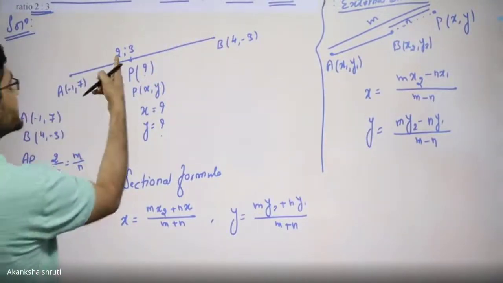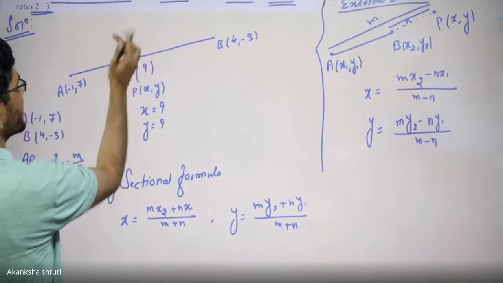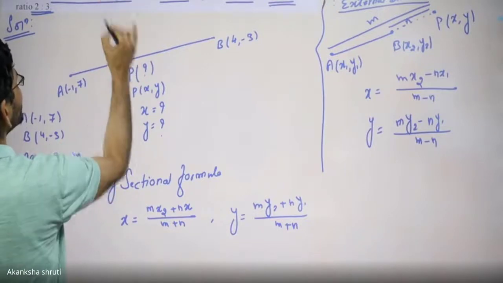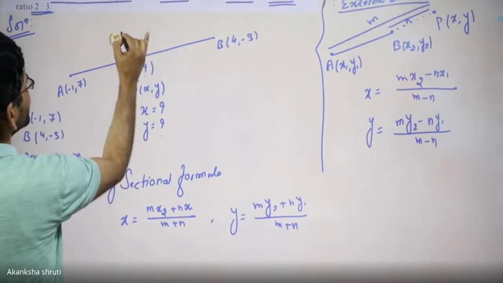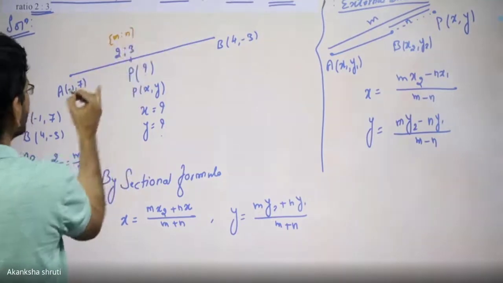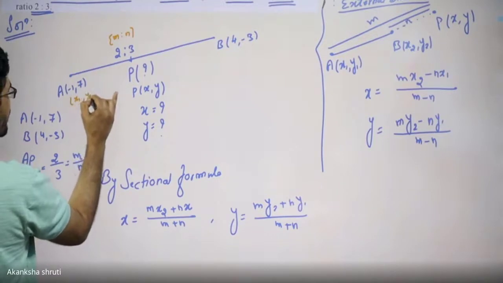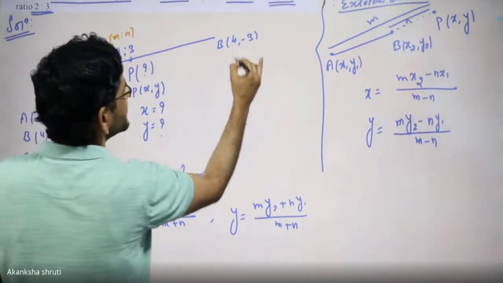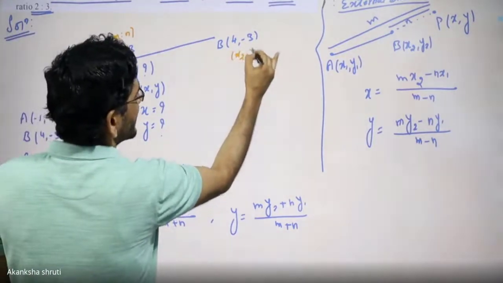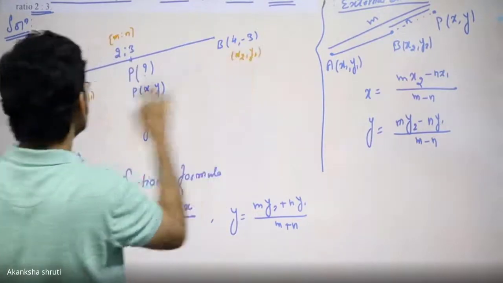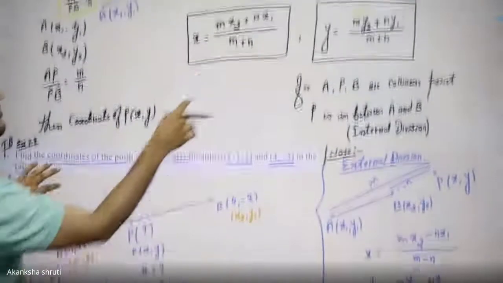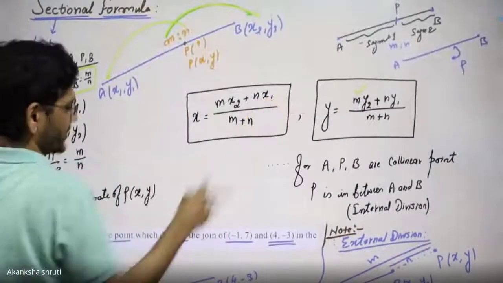Students, what is this? This is the ratio of m to n, whatever we had written earlier. And what is this? This is our x1, y1, and this B is our x2, y2. This is the exact mapping of whatever we have written for the formula.